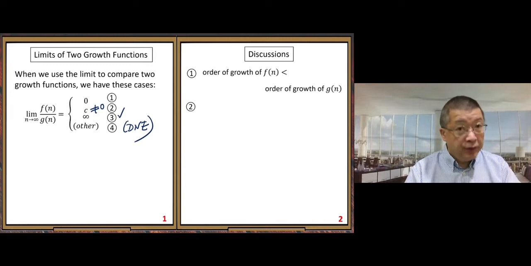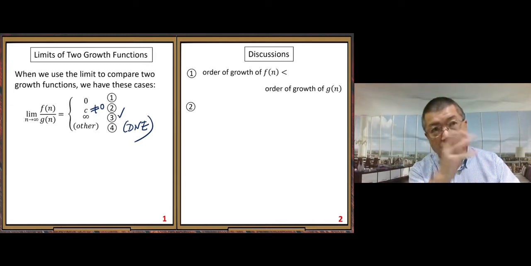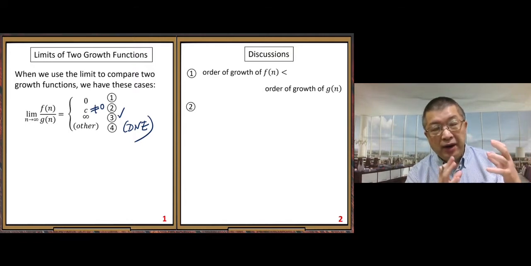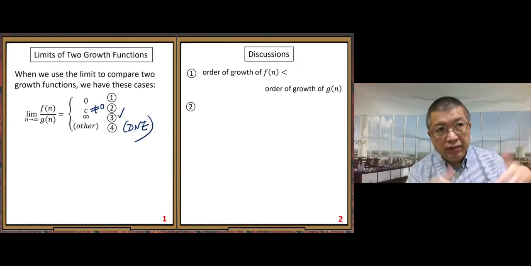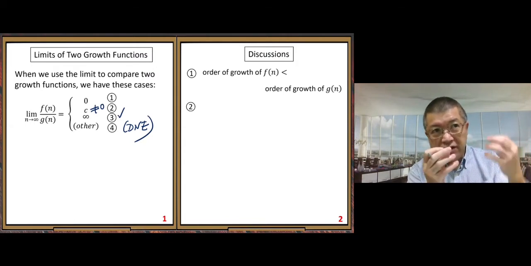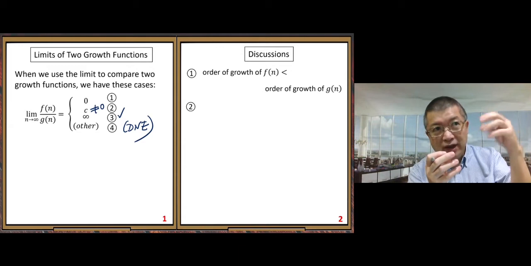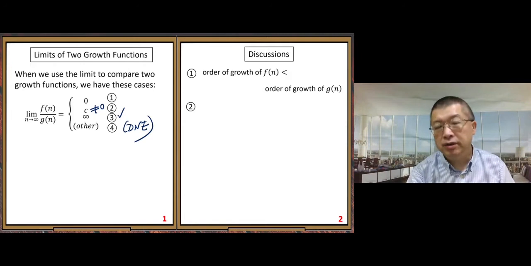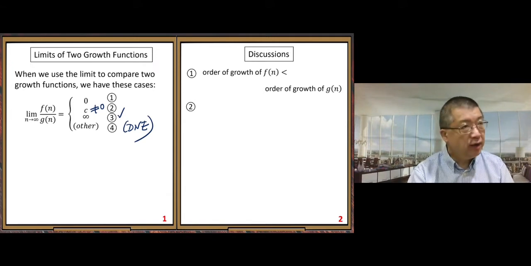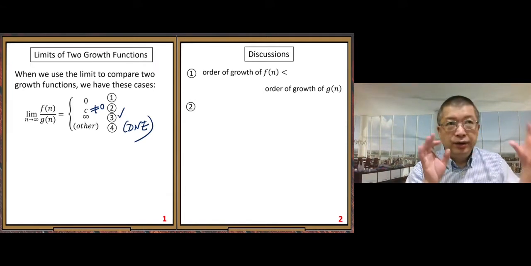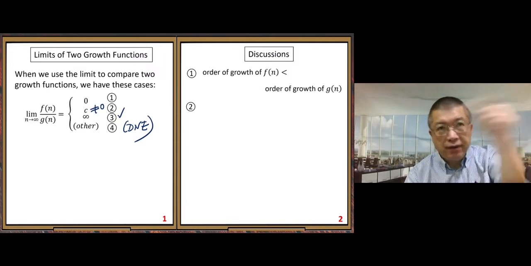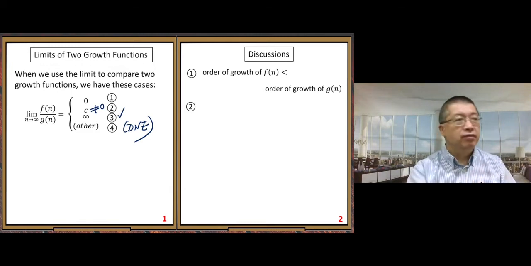Case number 2, this time a non-zero constant. When we compare our running time functions, remember the constant of proportionality? The specific value of that constant is not important. We only need to know the two functions are proportional by a certain non-zero constant. Here we have the same situation.